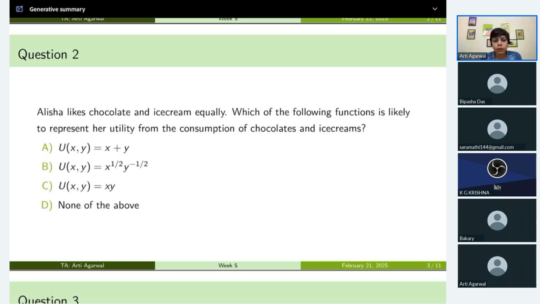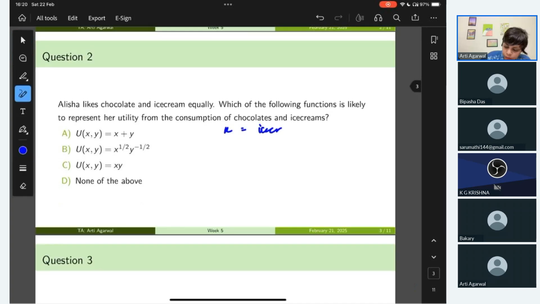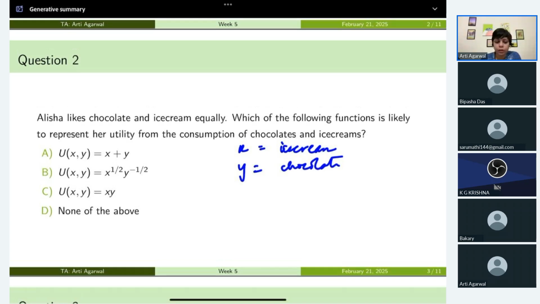So there are two goods, x and y, and let's say x is ice cream and y is chocolate. I've not defined it here, but x defines ice cream and y defines chocolate, and we are given a set of possibilities for the utility function.